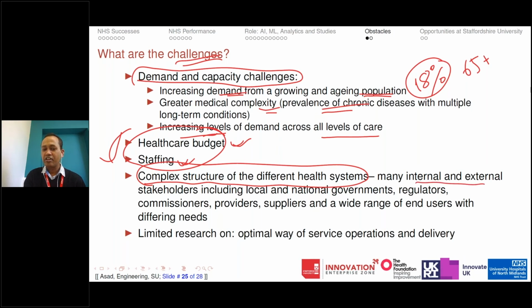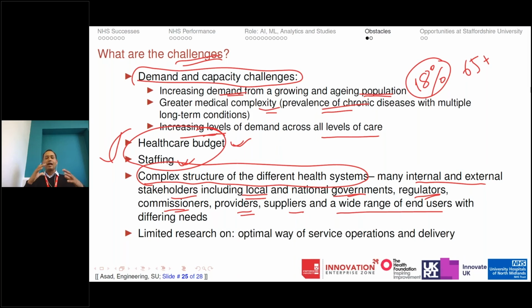There are so many internal and external organizations involved, so many stakeholders, including local and national governments, regulatory bodies, commissioners, providers, suppliers, a wide range of end users with multiple different complications.